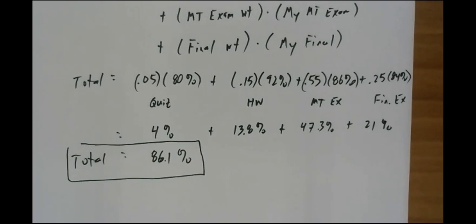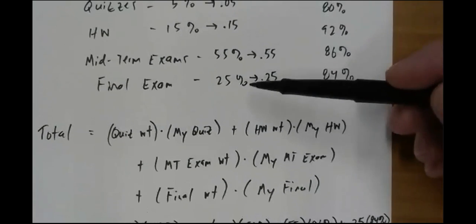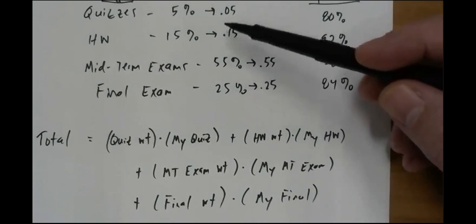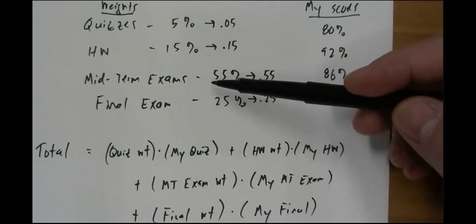Now here's a question that I get a lot. Teachers get a lot, especially toward the end of the class. Say the only thing you have left is the final exam. The final exam is worth 25% of your grade, so it can make a big difference. Maybe you're done taking quizzes, homework, and midterm exams.